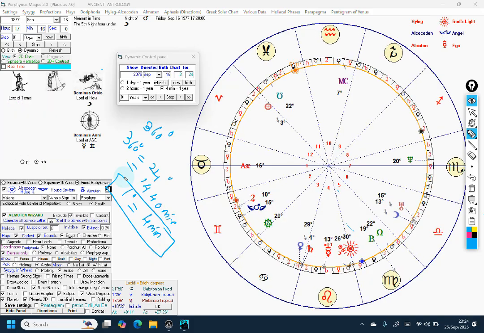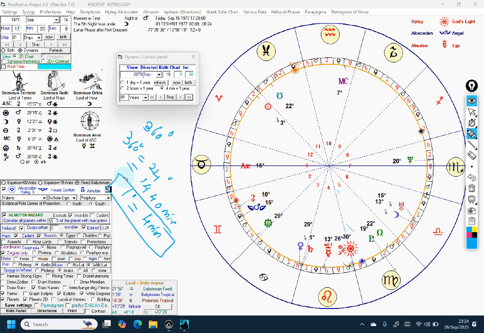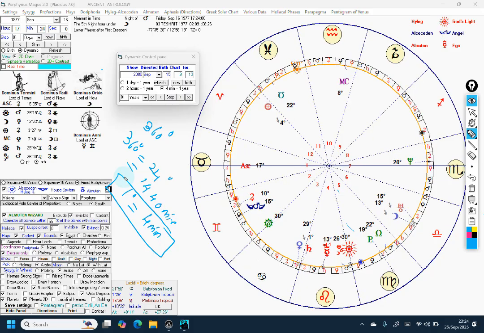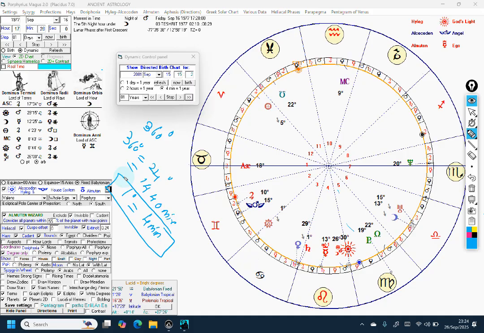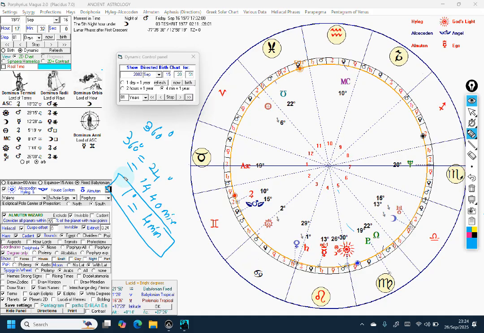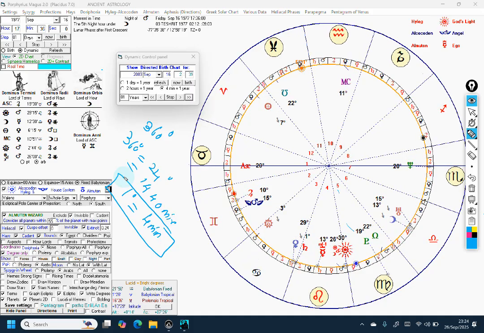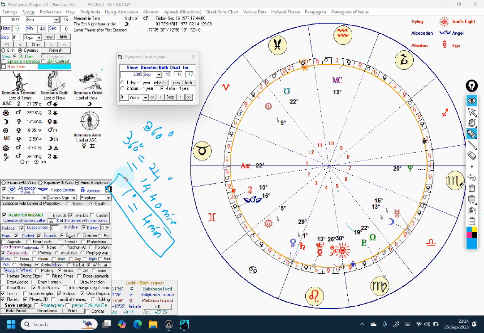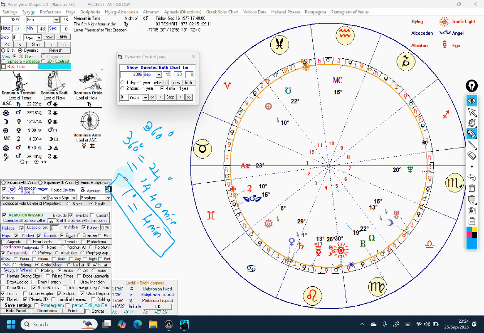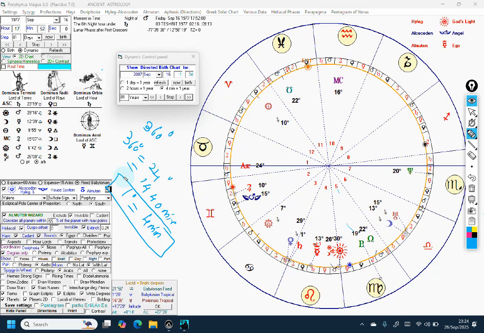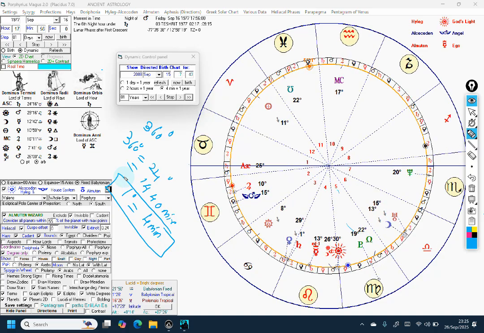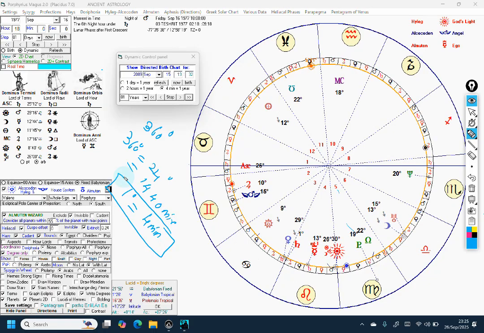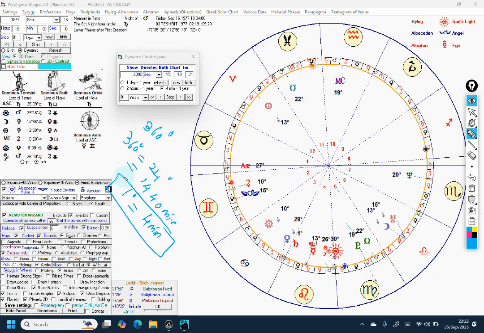So 1 degree is 4 minutes. What this basically means is that 4 minutes of clock time in the ecliptical plane is equal to 1 degree, and this has been equated to 1 year. So 1 degree is equal to 1 year, and 1 degree is 4 minutes of clock time.